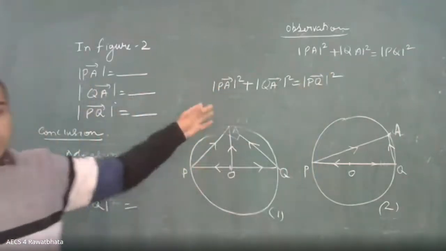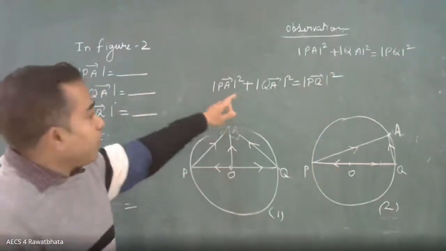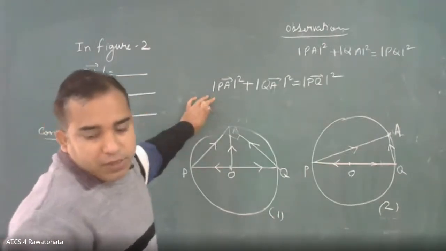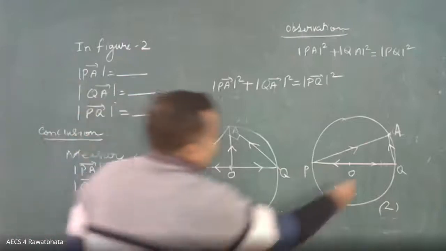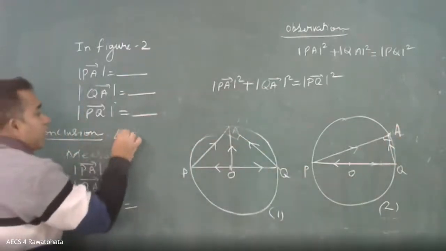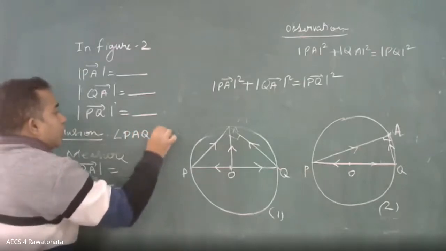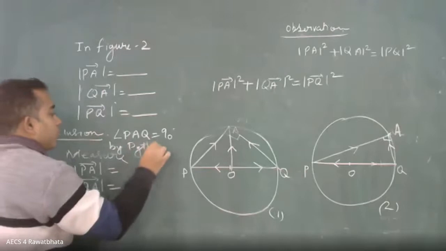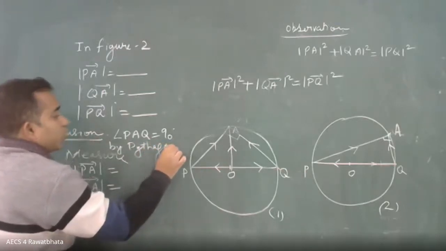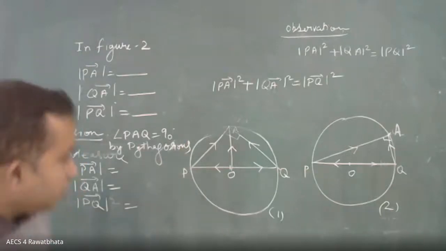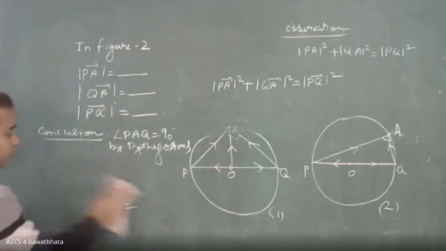So which angle will be 90 degrees, if this is established, students? PAQ, of course, PAQ. So this you can write in conclusion that angle PAQ is 90 degrees by Pythagoras theorem. Okay.